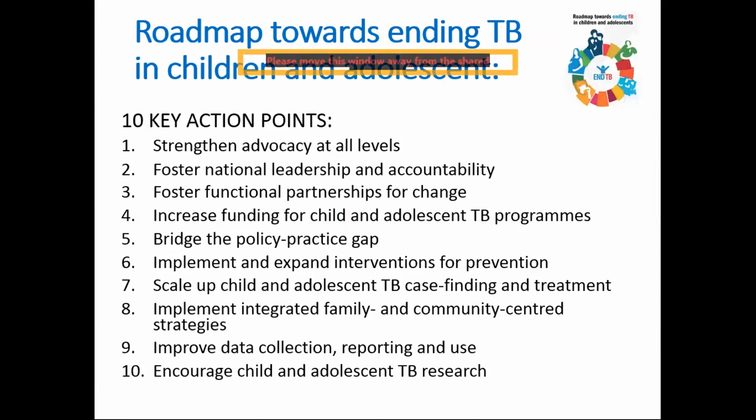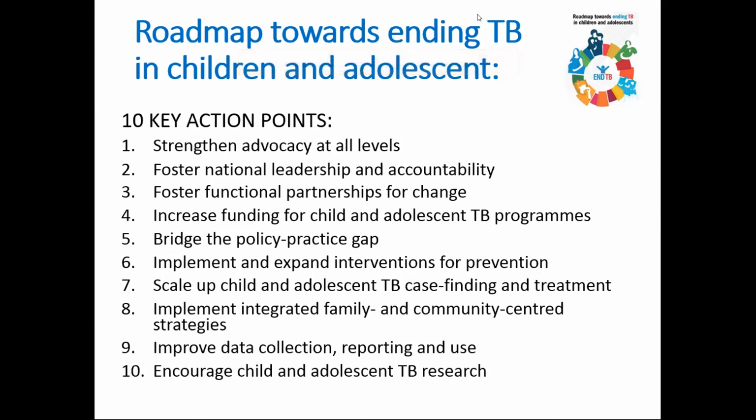So the roadmap has some key action points that are needed to achieve these goals. These include strengthening advocacy at all levels, fostering national leadership and accountability, and I'll probably focus on this because it's the one that speaks to the technical working groups, which is the topic for today.